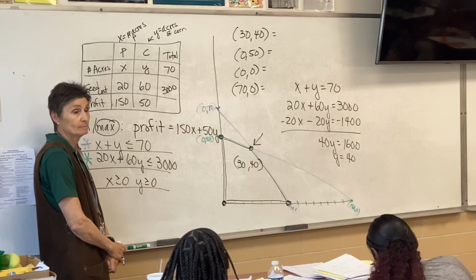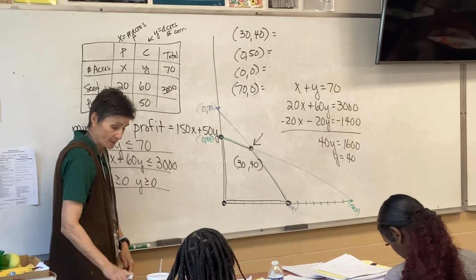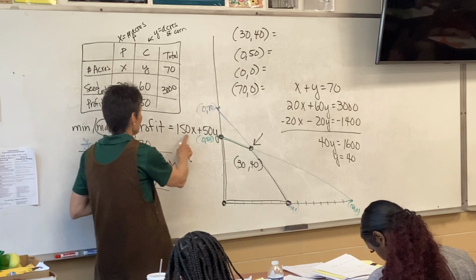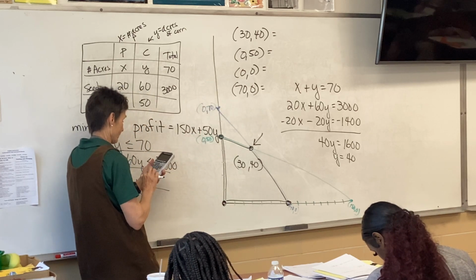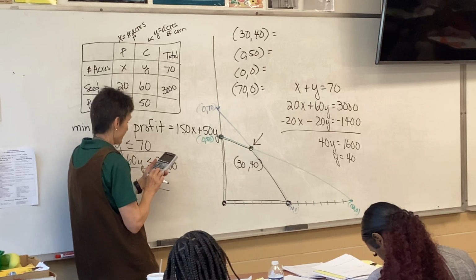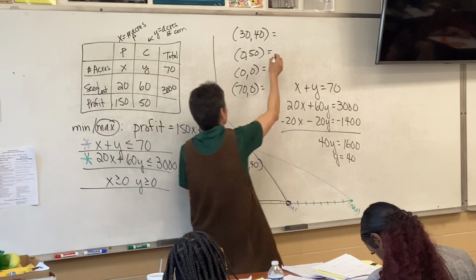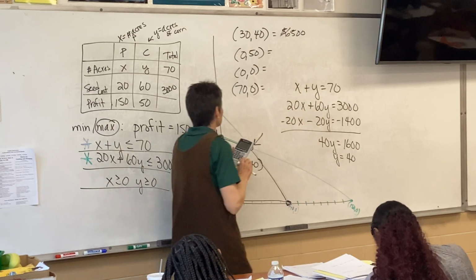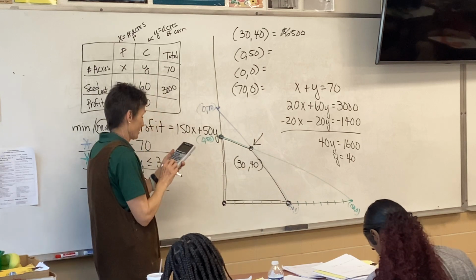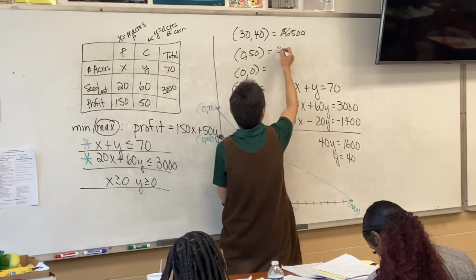Y'all good? All right, now let's find our profit. So 150 times 30 plus 50 times 40. So my profit here will be $6,500. Here it's only 2,500.